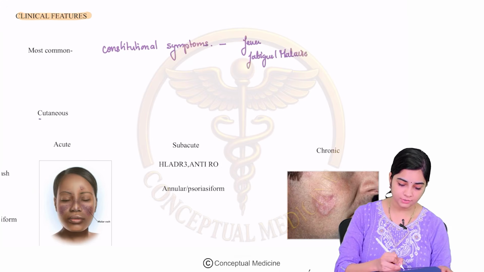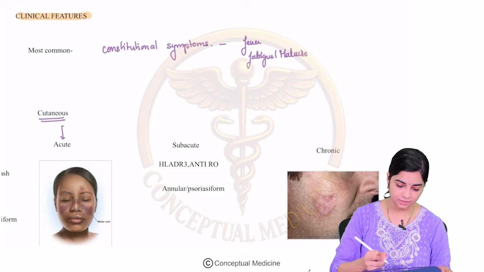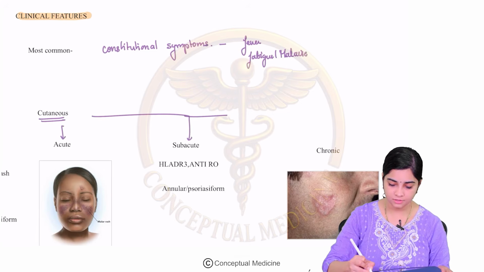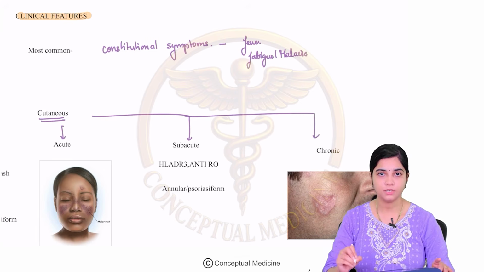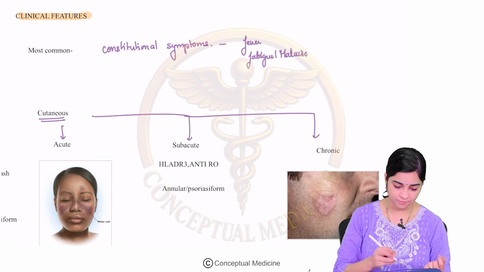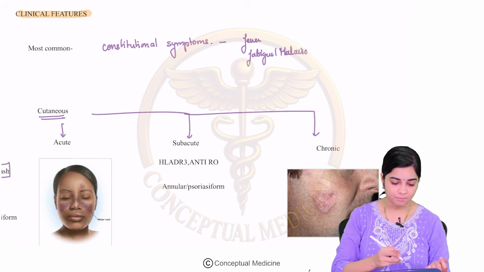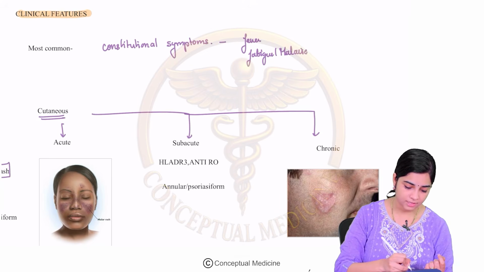Then, what are the cutaneous manifestations? The cutaneous manifestation of SLE can be acute, subacute, and chronic, right? The most classical thing that anybody can remember is the presence of a very characteristic rash that we call the malar rash or the butterfly rash.